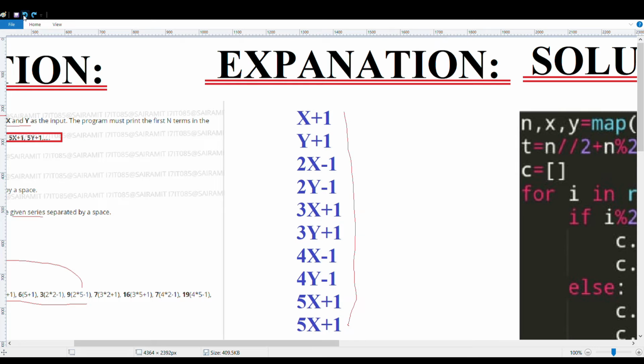Just add 1 here, so we'll have 1, 2, 3, 4 and 5. If this value is odd, you add 1. If this value is even, you subtract 1. Odd, so again you're adding 1. Even, you're subtracting 1. Odd, you are adding 1. This is how it goes on. Hope the logic is clear.